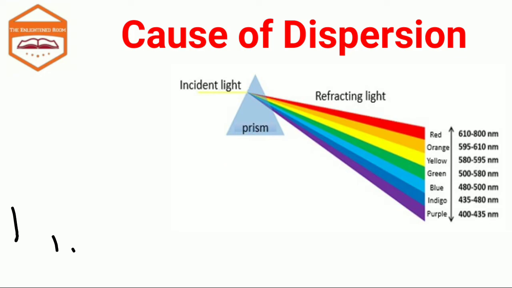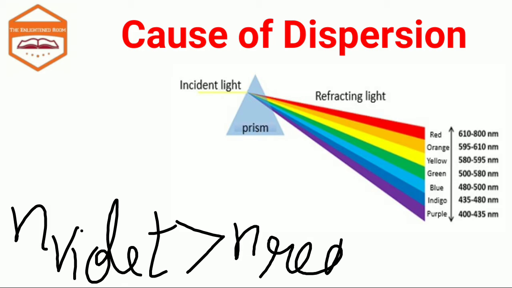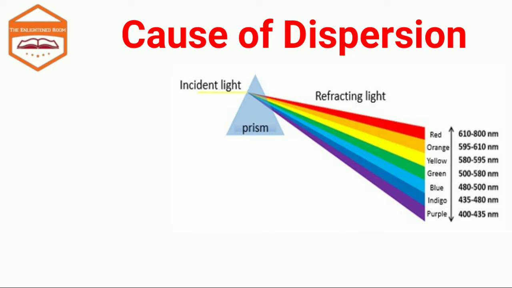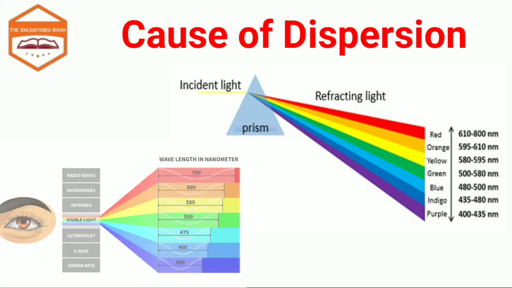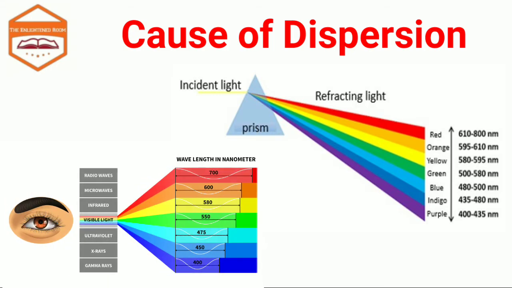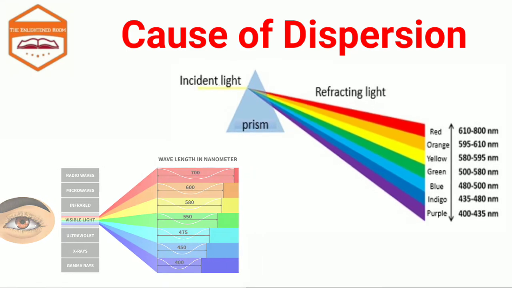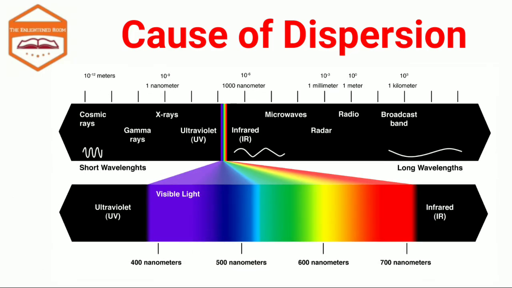As the refractive index of violet is greater than the refractive index of red, the deviation suffered by the violet color is greater than the deviation suffered by the red color on passing through the prism. That is why violet color is at the lower end of the visible spectrum, and the red color is at the upper end of the spectrum. All other colors of the spectrum lie in between these 2 colors.